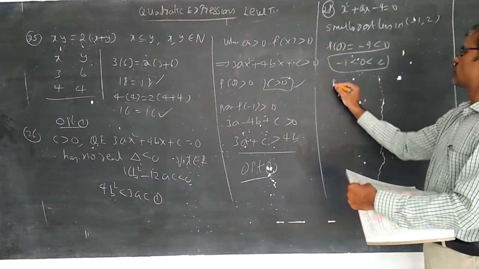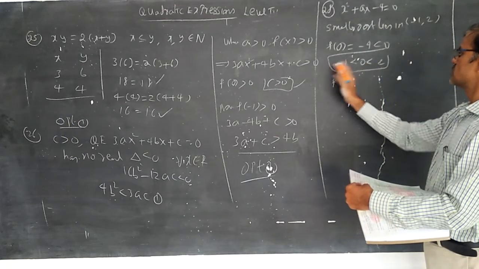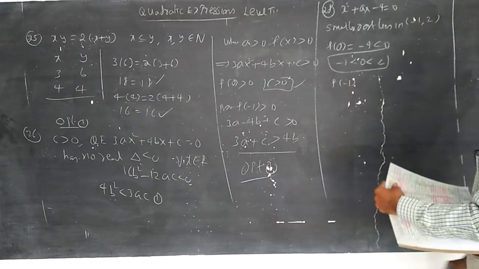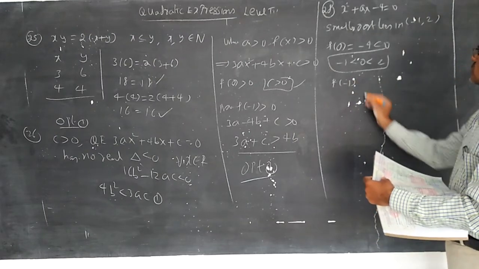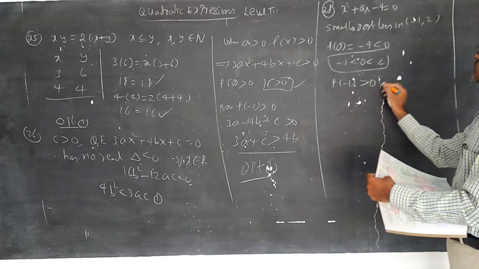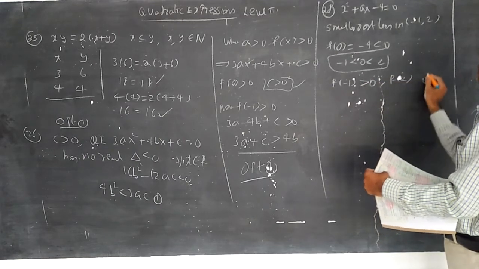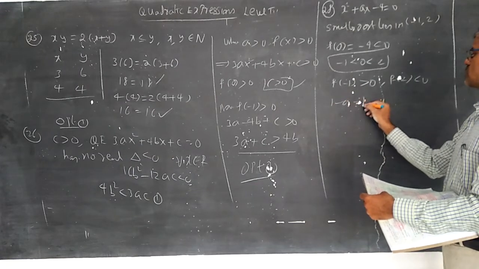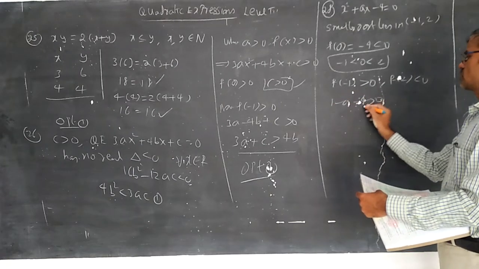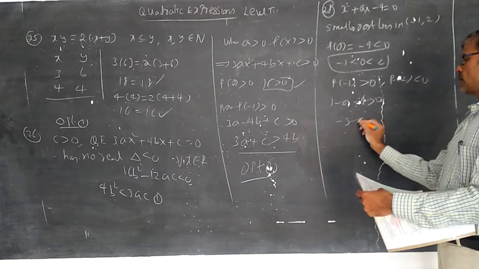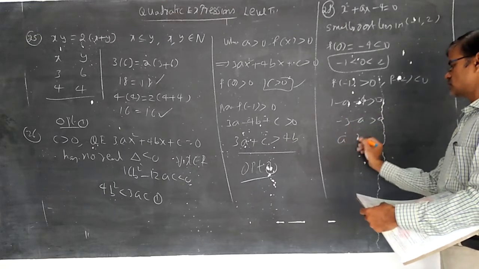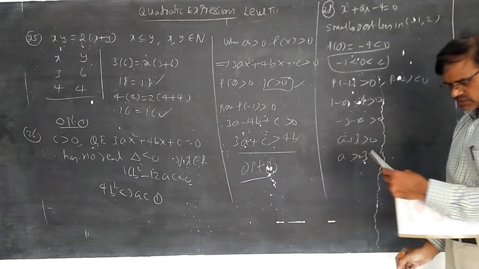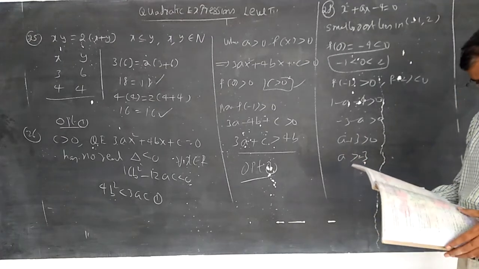So f of 0 we got negative, so f of minus 1 we should get positive, and f of 2 less than 0. Let us substitute, students. 1 minus a minus 4 greater than 0, so minus 3 minus a greater than 0, so a plus 3 less than 0.